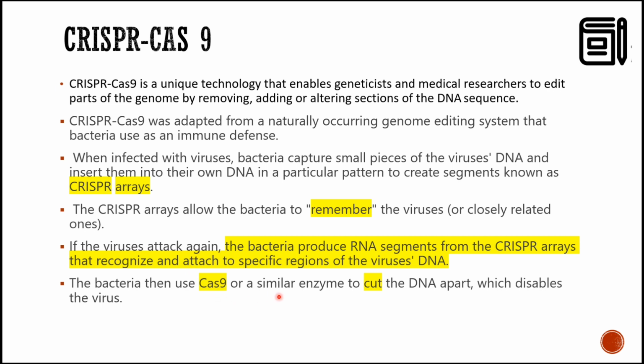Cas9 is a protein used to cut the DNA apart, and it gets attached to this RNA segment, which enables the cutting of the virus's DNA, which disables the virus. This is the main mechanism, the main principle behind CRISPR-Cas9.